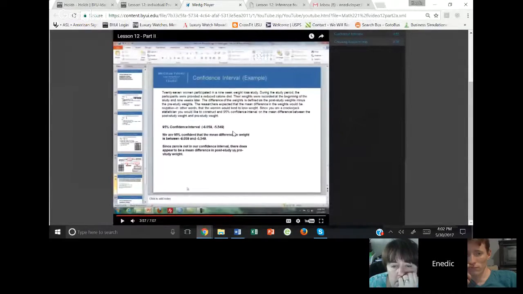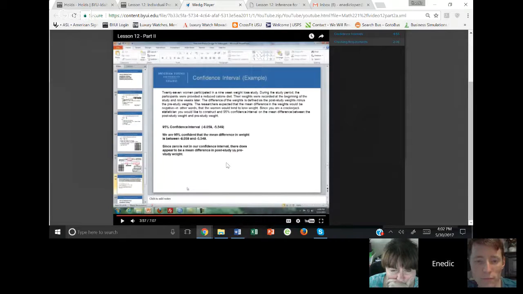Can you guys see? Yeah. Okay, so here the results for this exercise were all negative. And he says since 0 is not in our confidence interval, there does appear to be a mean difference in post-study versus pre-study.